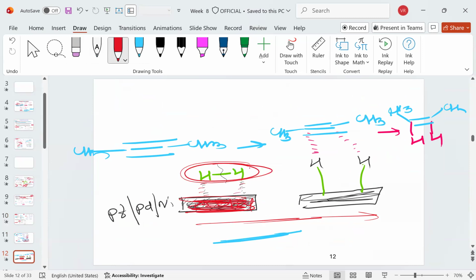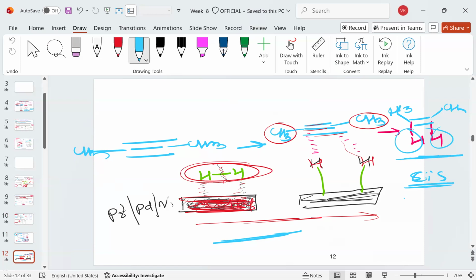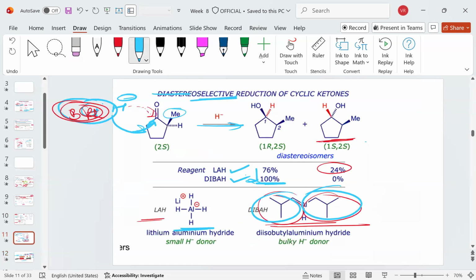Now the bond between both hydrogens gets partially cleaved, and parallelly the alkyne comes in contact with this hydrogen. Now hydrogen transfer takes place to the alkyne. So if you look at the reaction mechanism, this hydrogen transfers to our alkyne in the same fashion, and therefore we get the cis product as the major product. So this is an example of a stereoselective reaction here.